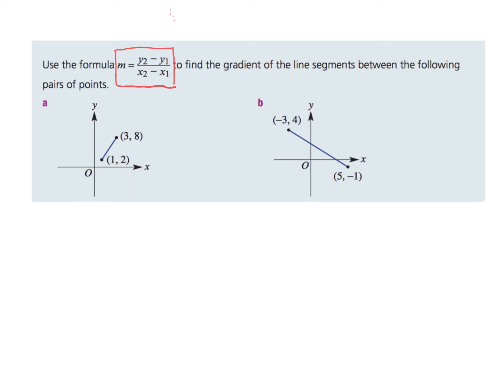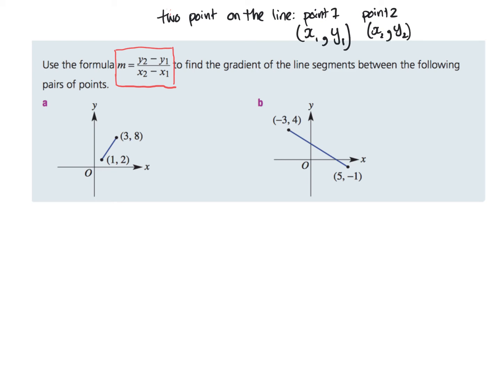If you can find 2 points on the line, we're going to call them point 1 and point 2. Point 1 we'll call x1, it'll have an x value and a y1 value. And point 2 we'll call the x2 value and the y2 value. Okay, so this is what that formula is talking about.